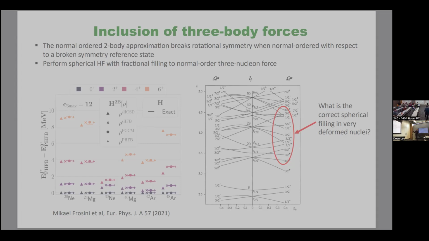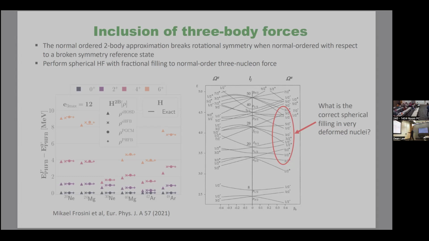We first perform a spherical Hartree-Fock, do this procedure here, and you can also see whether you use a spherical harmonic oscillator, HFB, or GCM reference here to do this procedure. In particular for these nuclei here, the dependence is quite weak.